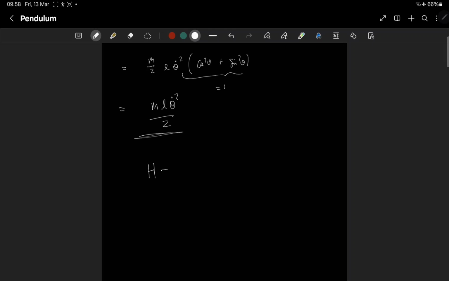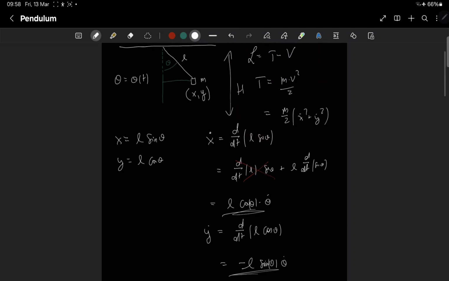And then minus y, so the potential energy is equal to mg times (H minus y), and this is mg(H minus L cosine theta), right?